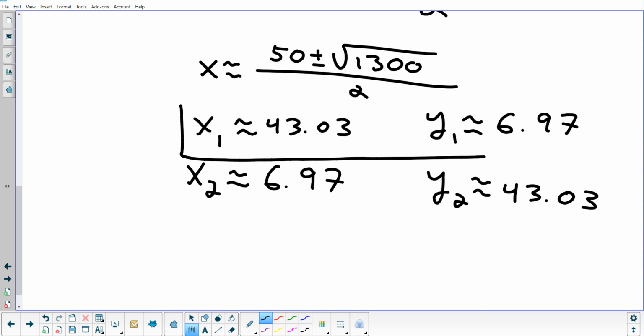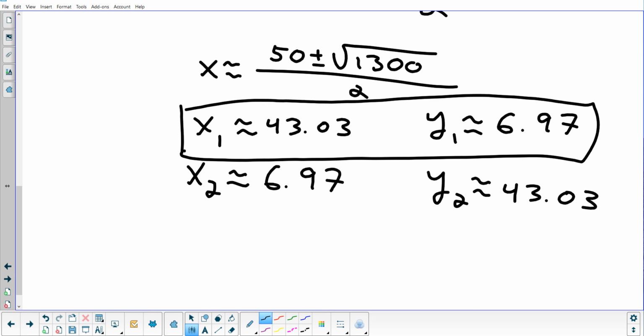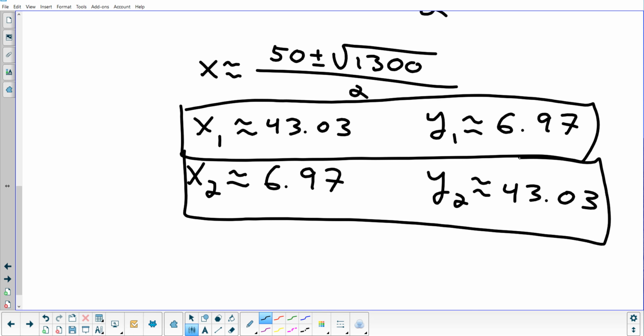So this is one answer. This is another. Are those answers the same or different? Different, they are different. Think about if you were to graph them as coordinates.